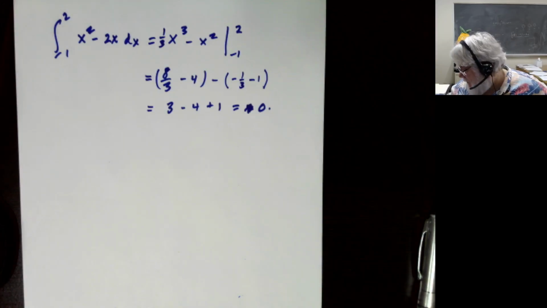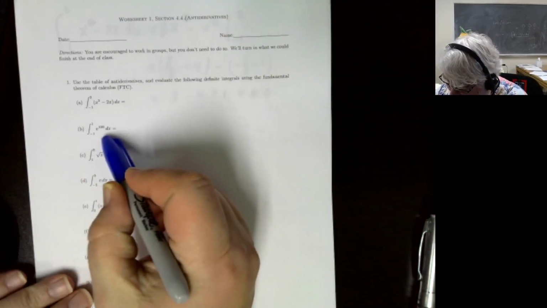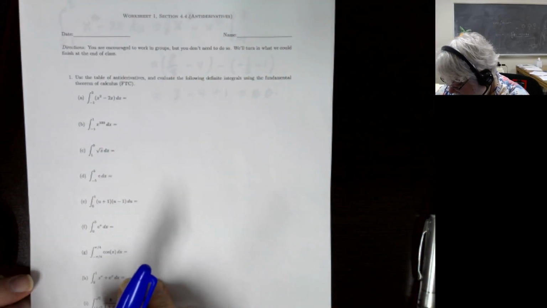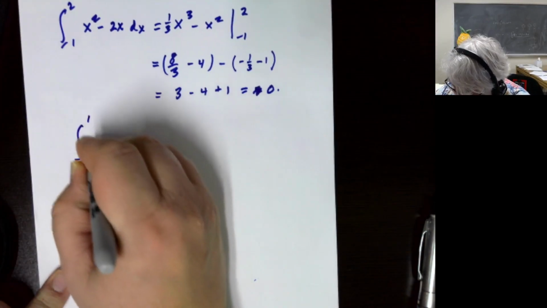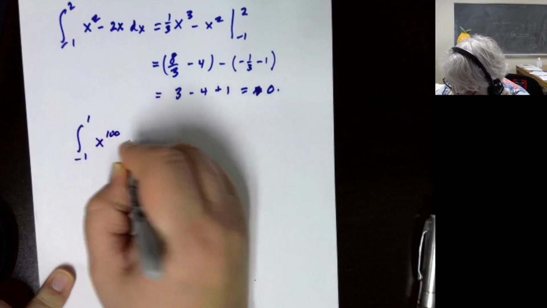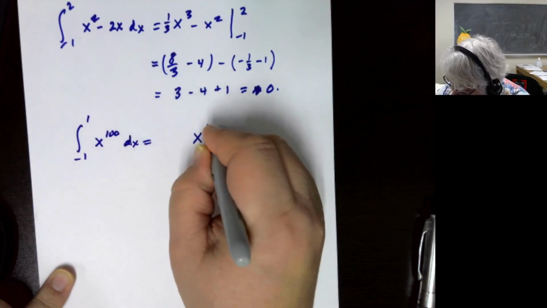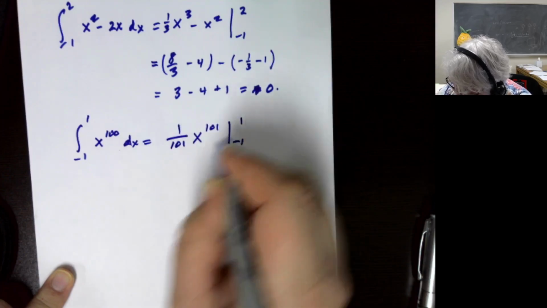Now the next one is the integral of x to the 100th power from -1 to 1. So let's go ahead and write that down over here. The integral from -1 to 1 of x to the 100th power dx is, well, you take x to the 101 power, 1 divided by 101, from -1 to 1.